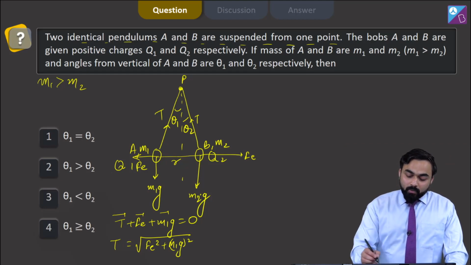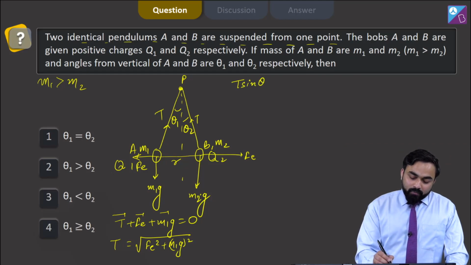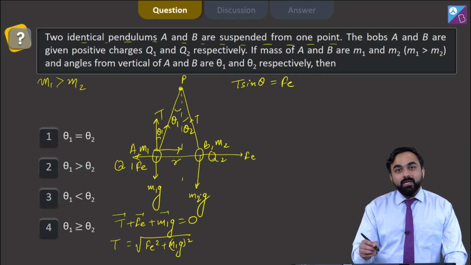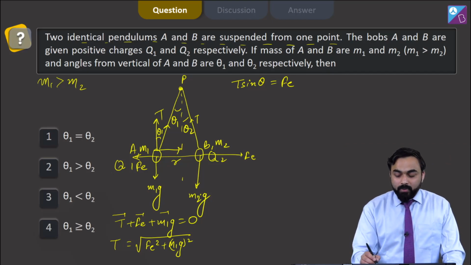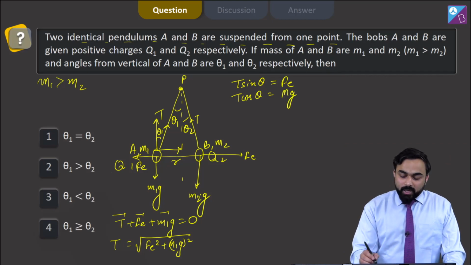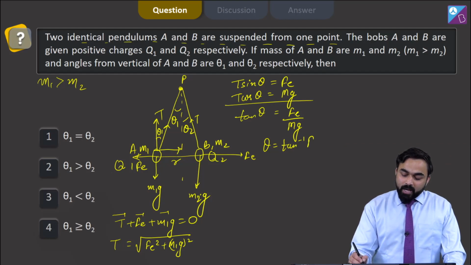Now, the component of tension force, this is theta 1, so I can write T sine theta equal to Fe. I am taking theta as general because theta 1 and theta 2 are equal, and T cos theta equal to mg. From these two equations I get tan theta equal to Fe over mg, where theta can be written as tan inverse Fe over mg.